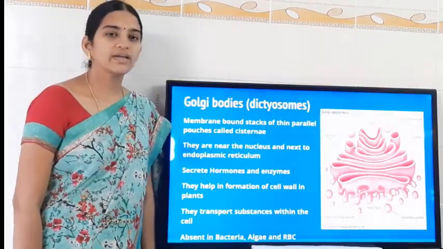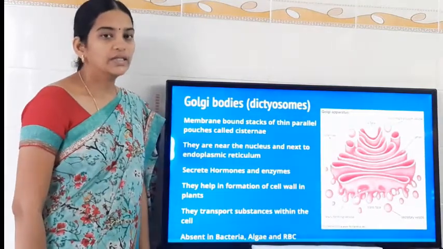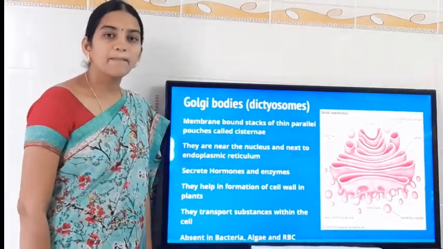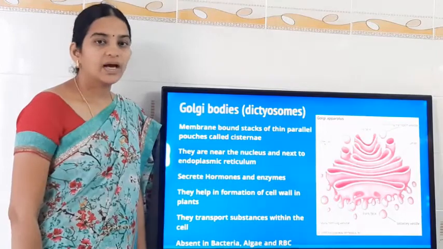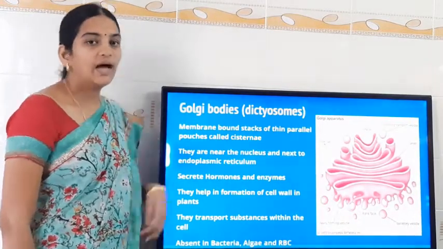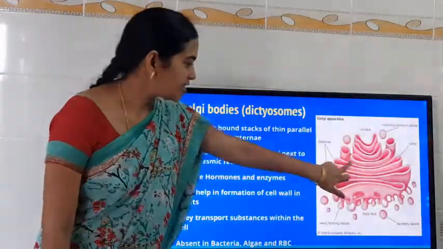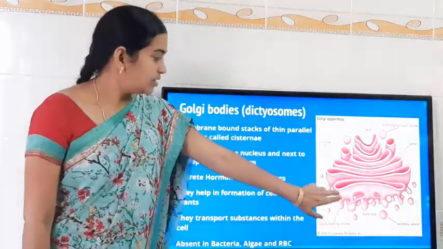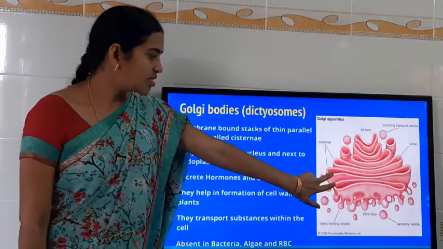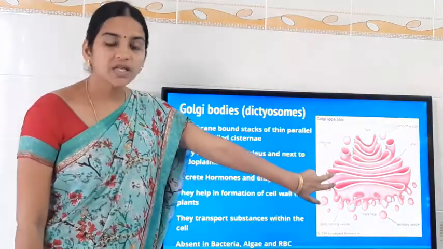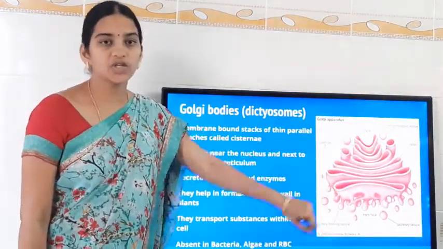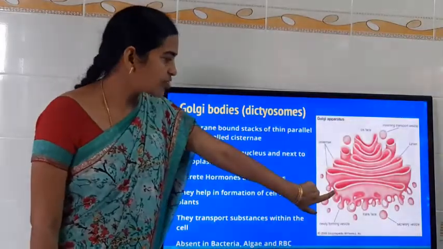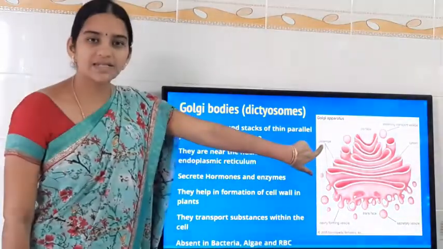The next organelle is Golgi bodies. These Golgi bodies are membrane bounded, flat, and have pouch-like structures which are parallel to each other. But these parallel structures do not connect with each other. These pouch-like structures are called cisternae.